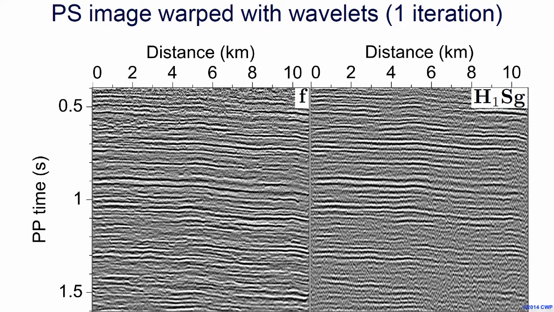Now this is simply because the shaping filter is shaping the noisy squeezed PS image to the less noisy PP image. Now next I want you to focus on how this image, constructed by the shaping filter, is very close to warping with wavelets using 11 iterations.